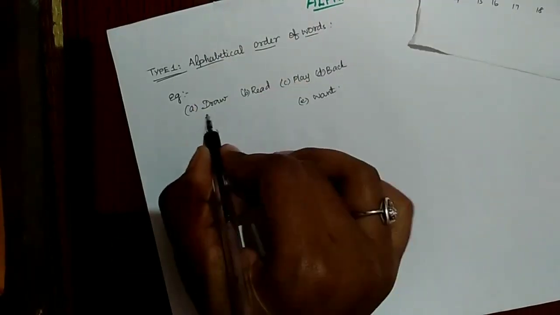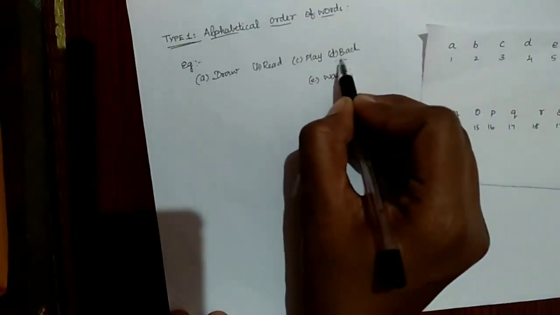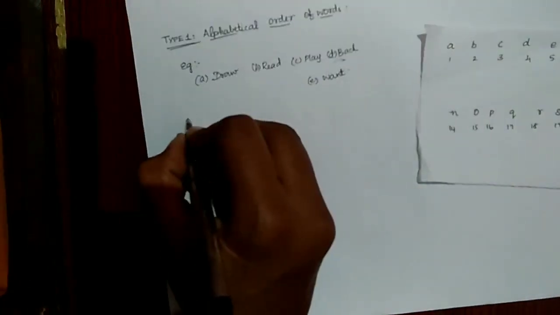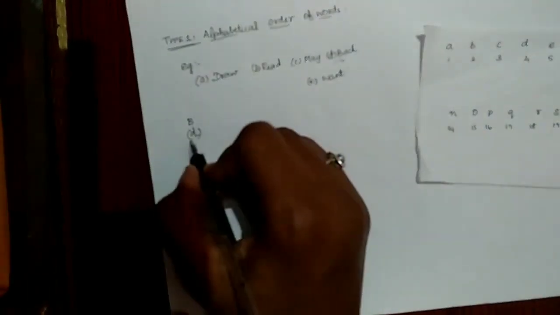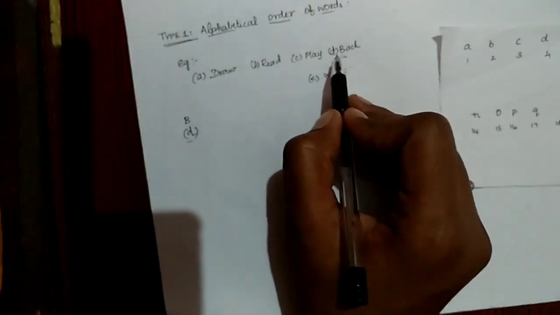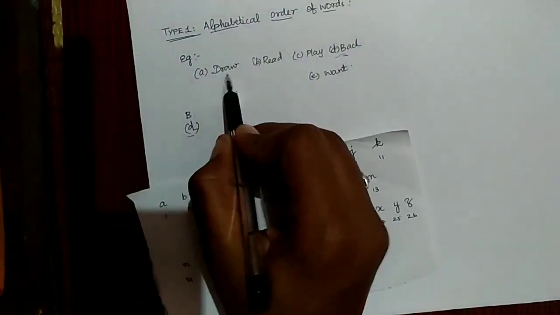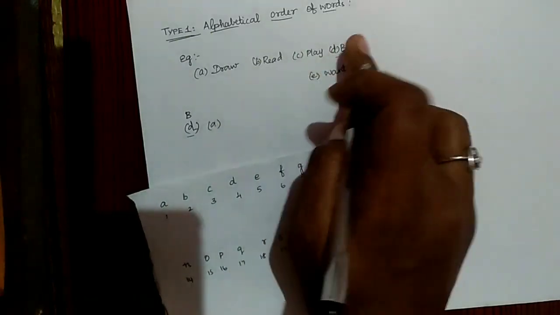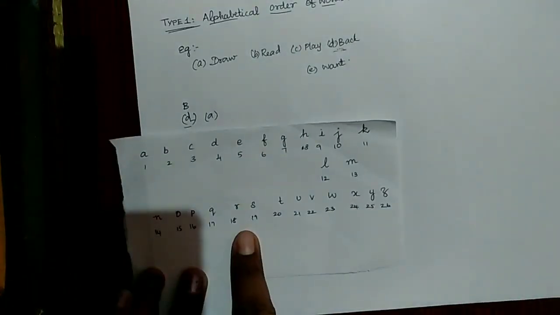Okay, according to the alphabetical order, we know that B will be the first letter, so it will come first. So option D will be first, and second will be D, right? So draw, this will be in the order of D, A, and third will be R or P or W. When we check this alphabetical order, we'll have P in the third order.